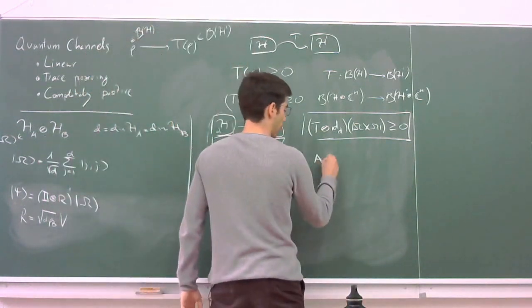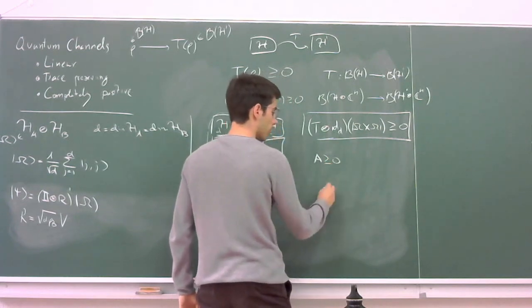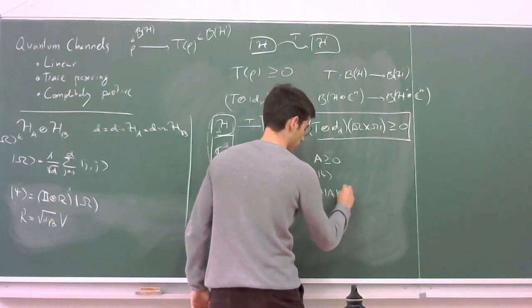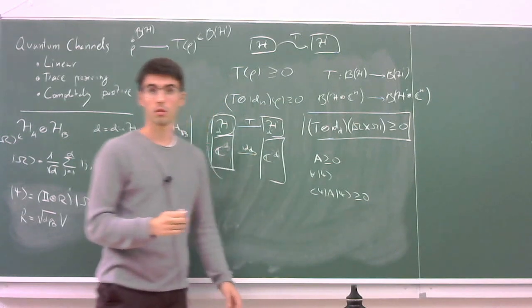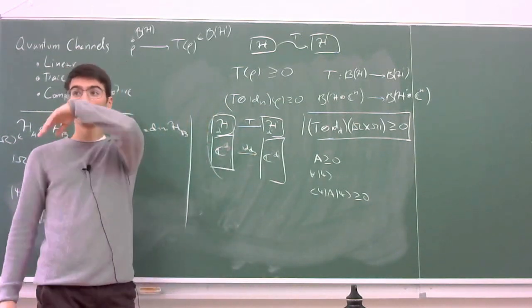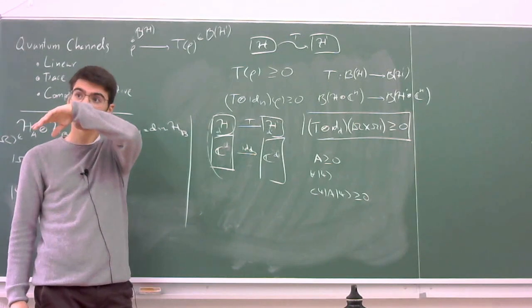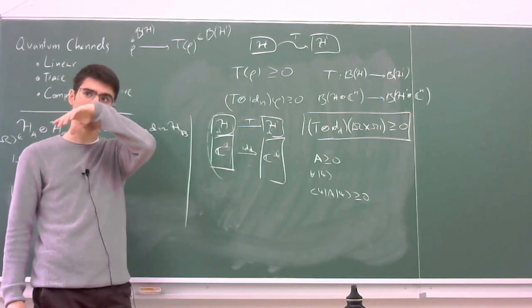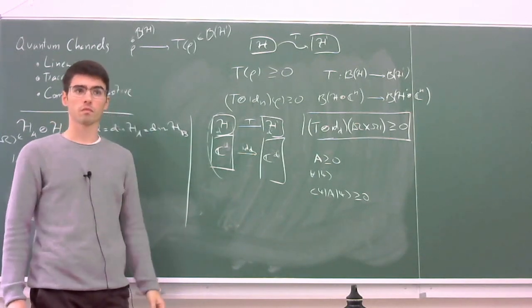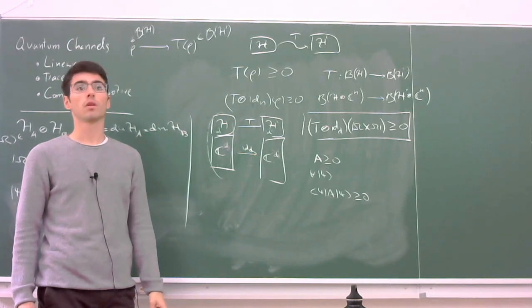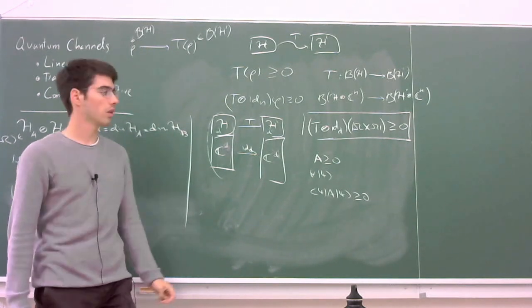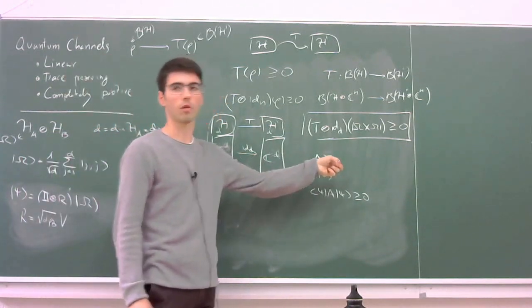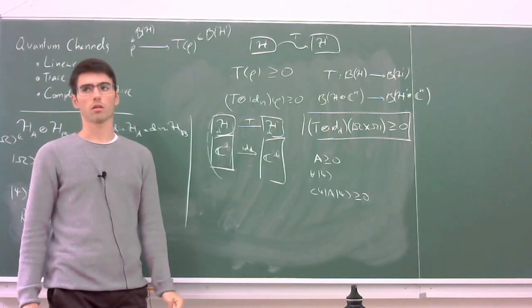The thing is that an operator is positive if for any state this is positive. This is only for the condition of the values. It's only if the matrix is Hermitian. I think positivity can only be defined for Hermitian matrices.